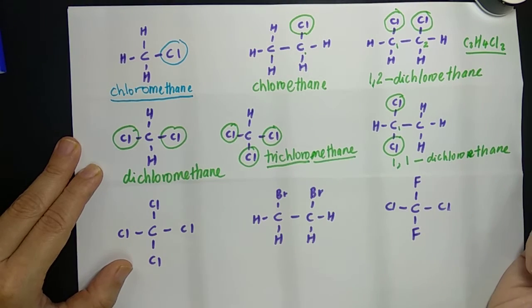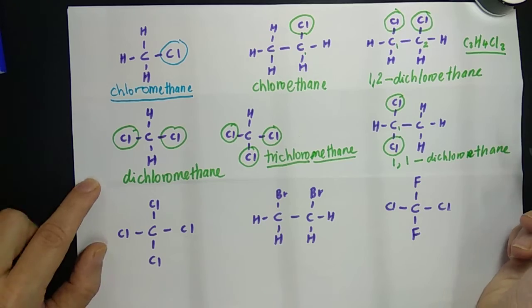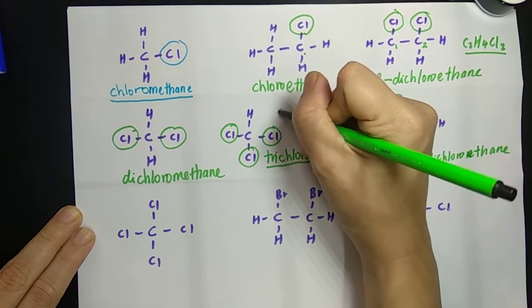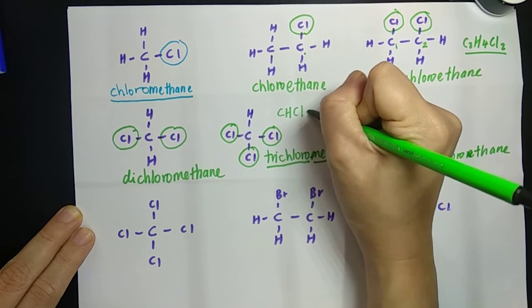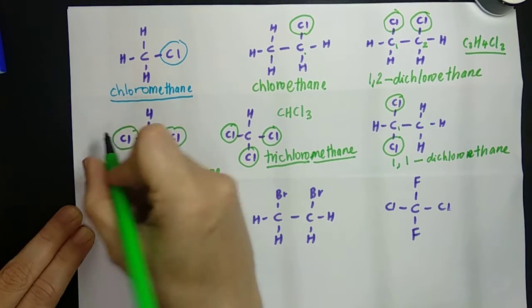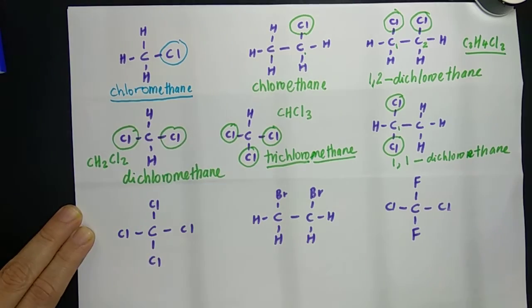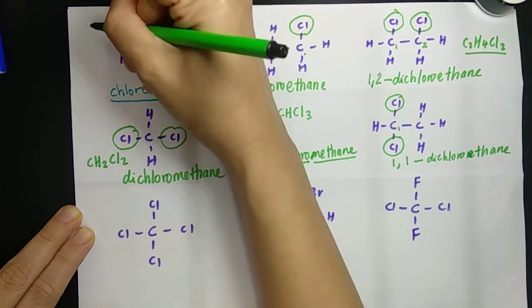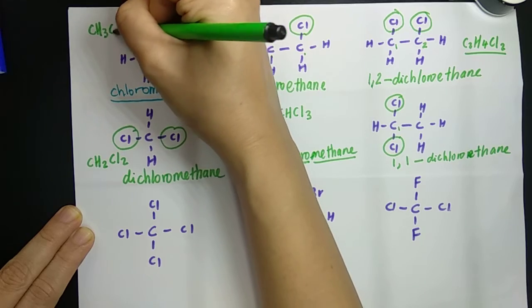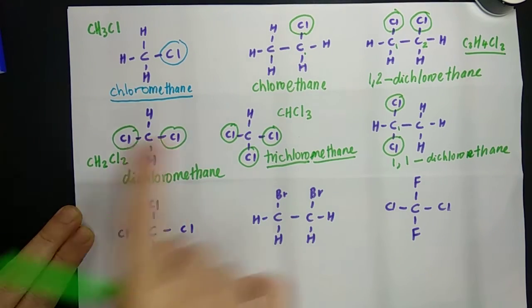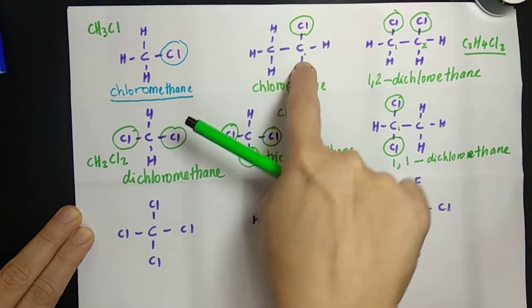Methane because it only has one carbon. So if I want to write out the molecular formula, it would be CHCl3. And this would be CH2Cl2. And this would be CH3Cl.